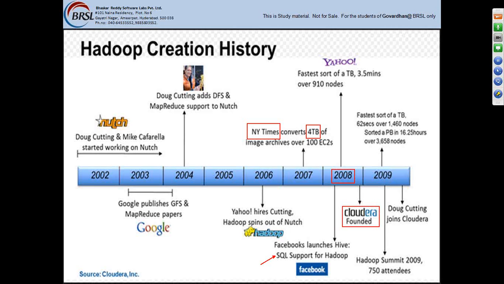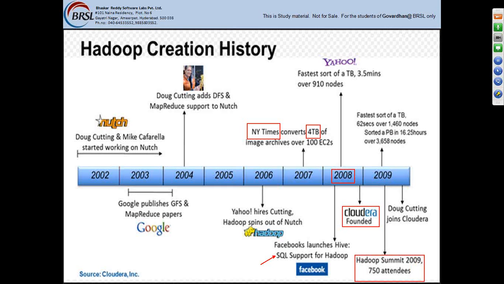We'll be learning that. Now in 2008, the same year, the fastest sort of a terabyte was performed in 3.5 minutes. The same record was broken again. The fastest sort of 1 terabyte was done in 62 seconds as compared to 3.5 minutes earlier. Of course, the number of nodes that were involved matters.